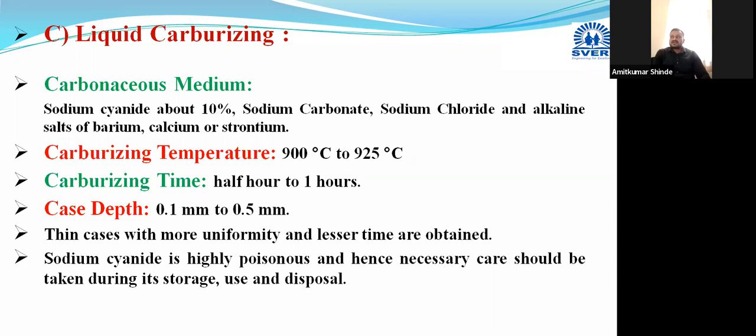Now in liquid carburizing, again we are heating the steel component in a carbonaceous medium. Here the carbonaceous medium is a mixture of fused salt baths. Different salt bath mixtures are used, and the component is placed in it and heated in the austenitic region, generally for half an hour to 1 hour, and after that slow cooling is done, followed by quenching.